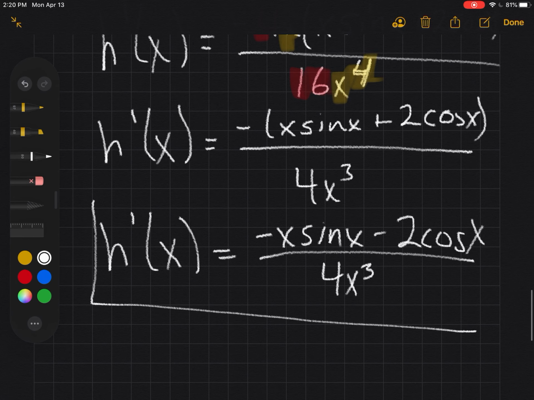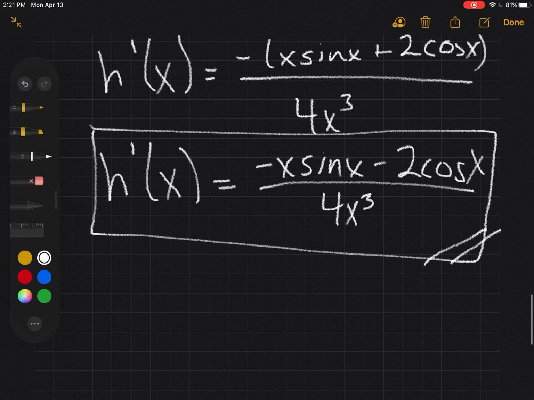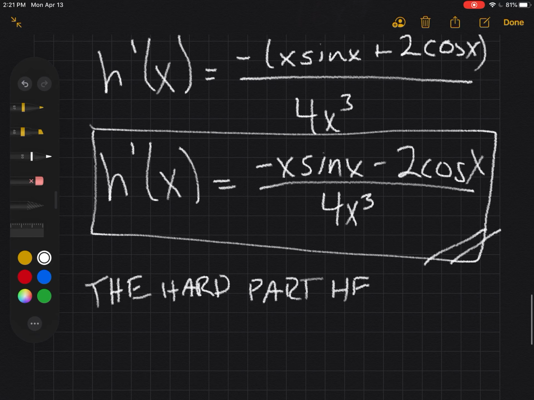I'm going to go ahead and distribute that negative sign to get negative x sine x minus 2 cosine x all over 4x cubed. And that would be my final answer for that derivative.